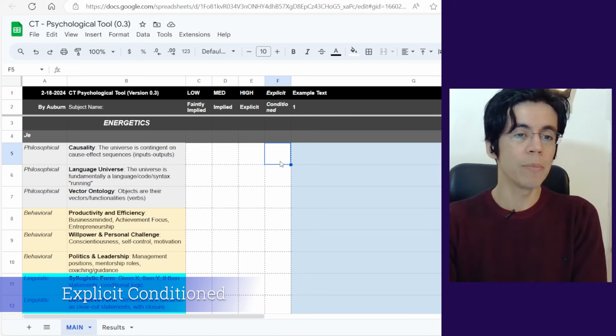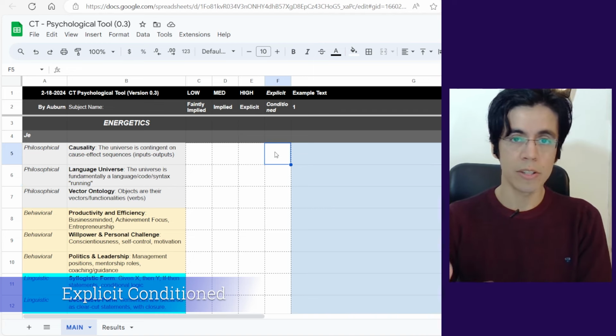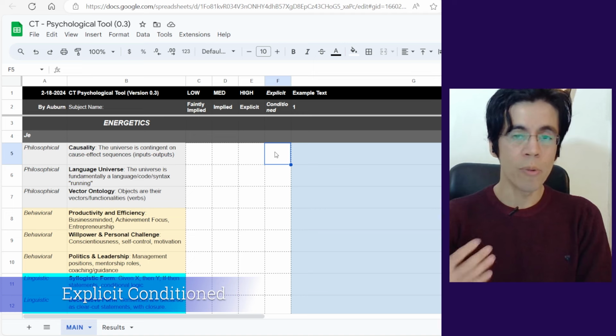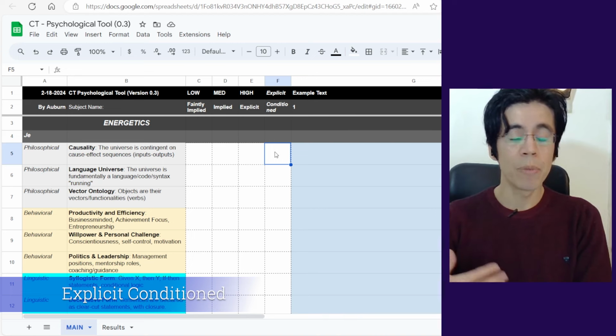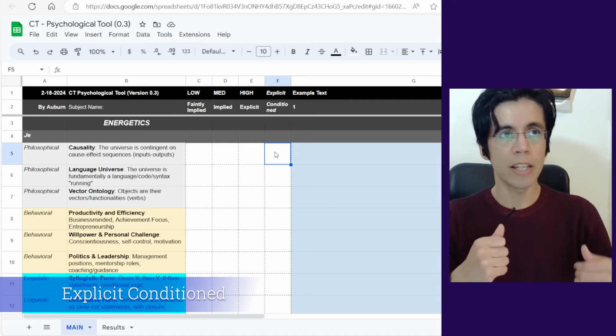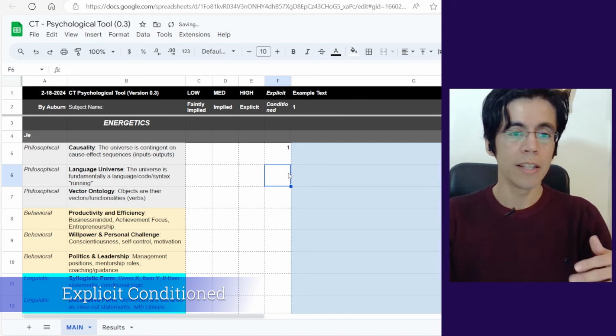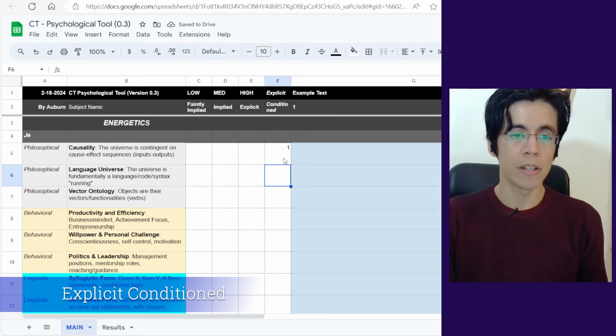So, for example, if somebody is raised in a very strict religious tradition that requires them to believe certain things, then that is an explicit belief that they carry, but it is conditioned. So that doesn't get as much points as something that somebody believes out of their own volition, right? So if you mark 1 here, that also gives 1 point in the calculator.